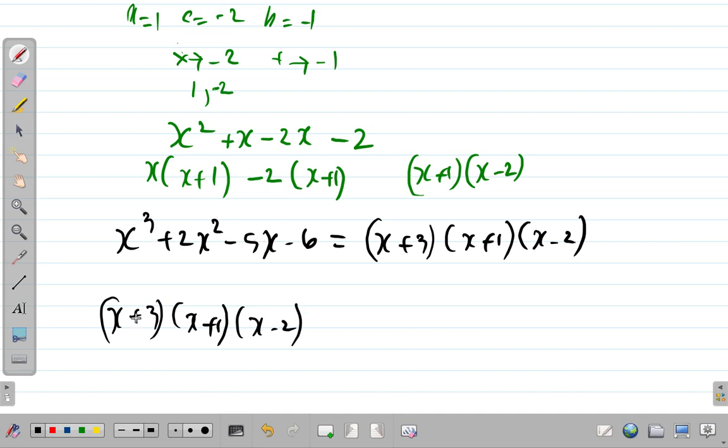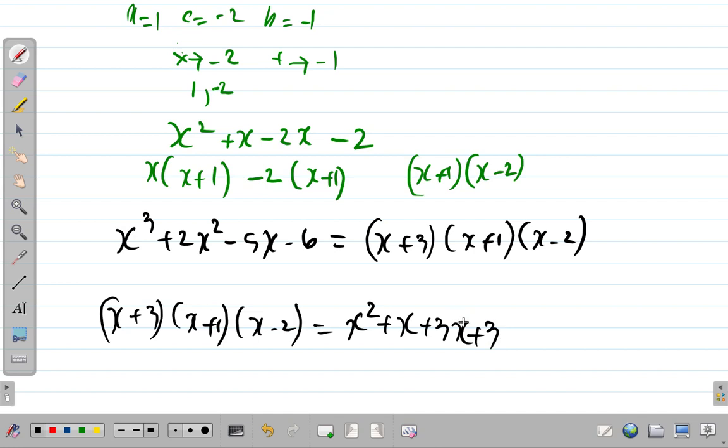Let's try. x times x gives you x squared, x times 1 gives you plus x. 3 by x will give you plus 3x. 3 by 1 will give you 3.